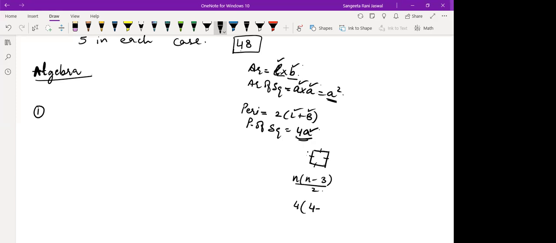So 4 into 4 minus 3 by 2, which is equal to 4 into 1 by 2, which is equal to 2. So diagonals will be 2 diagonals. Okay. You were doing this, no? Diagonals are what? From one corner to another, like this. So it would make 2 diagonals. Okay? Yes, children? Yes, ma'am. So unknowingly, you were already using all these things. Okay?